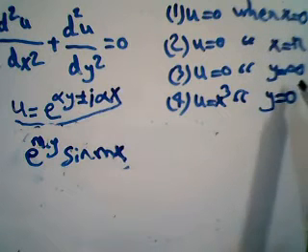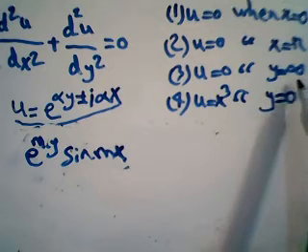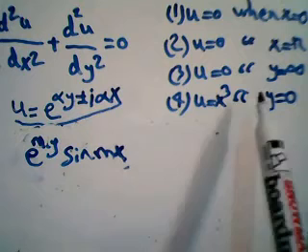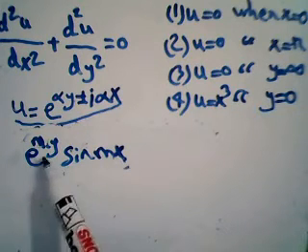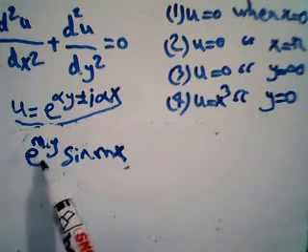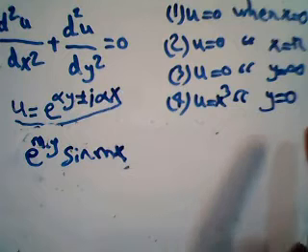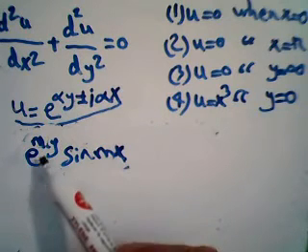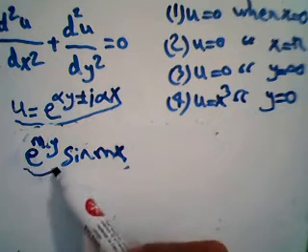But what about the third one? If y equals infinity, u should be 0. So if y is infinity, the sine part doesn't depend on y, so let's check this e to the n y. If y is infinity, then only if n is negative, this should be 0.